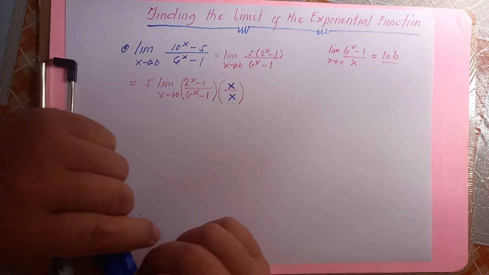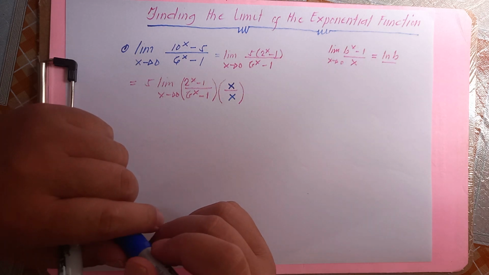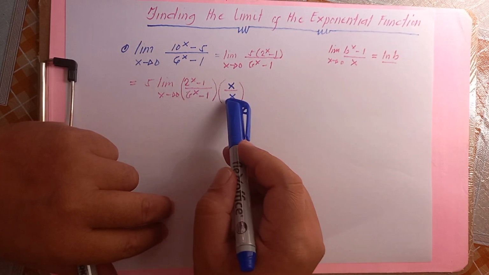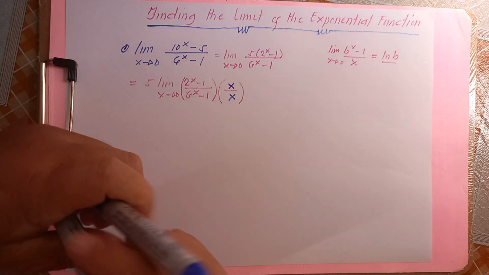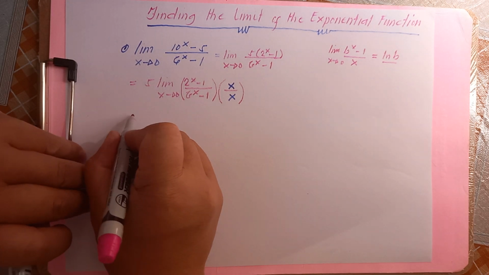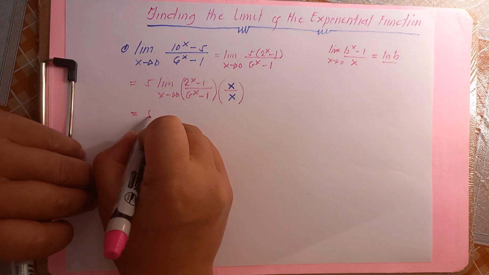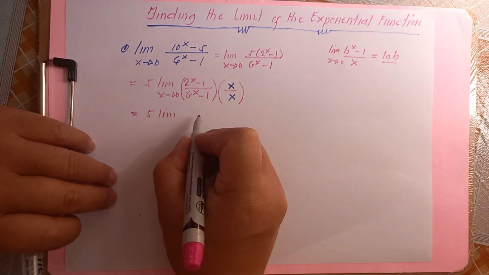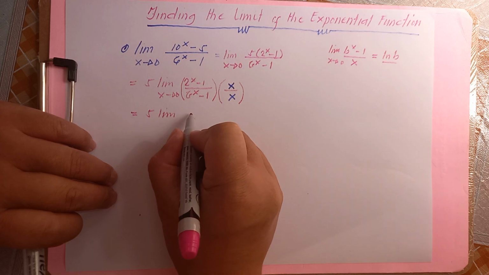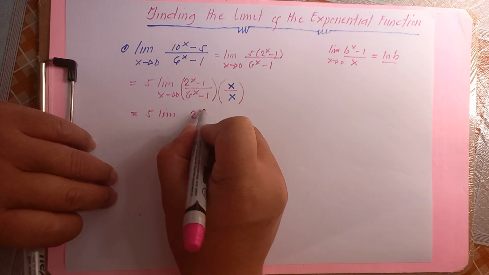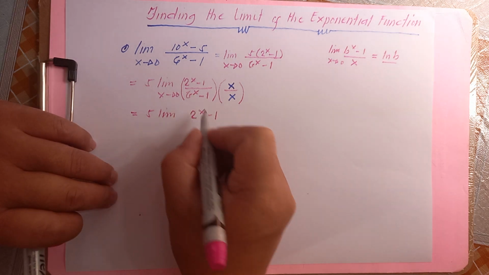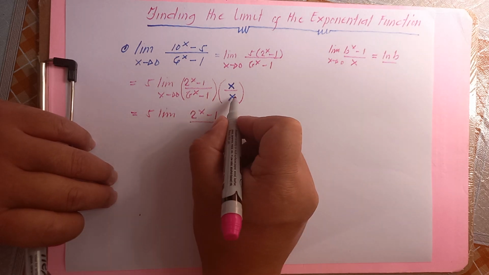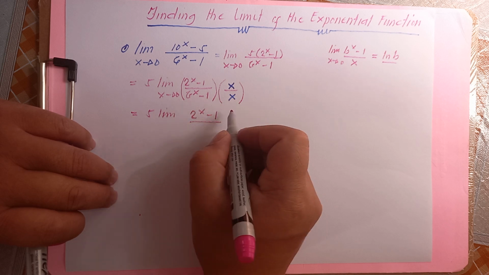Okay, after that, notice that we are now ready to make a modification of this one. We exchange these two because they are in the product form. So notice that when we exchange that, it will give you a result of 5 times the limit of (2^x - 1) for the numerator, over x, because anyway they are in the product form.